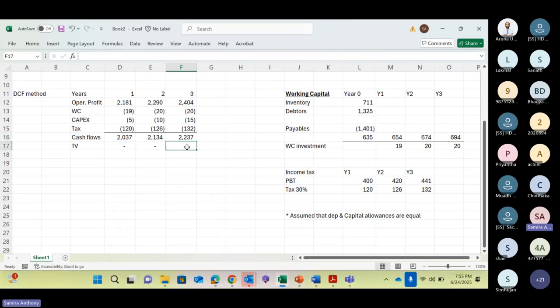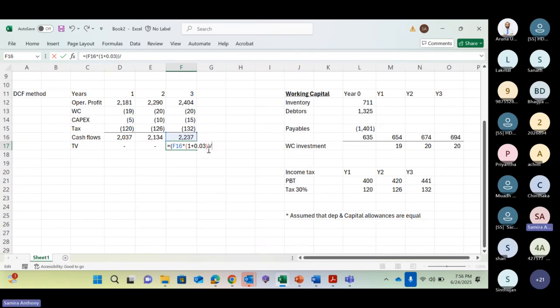Okay, let's do the terminal value. You know the formula for terminal value, right? The cash flow, you will multiply it by 1 plus G. G is 0.03, right? Then entire value you will divide by WACC minus G, right?